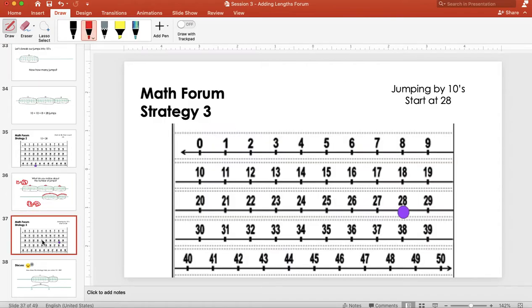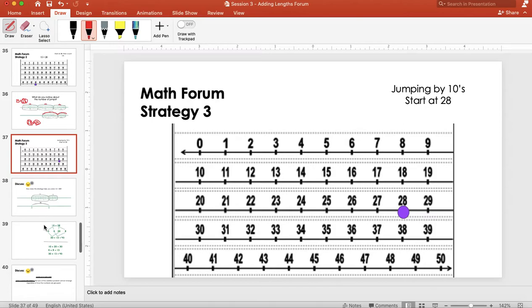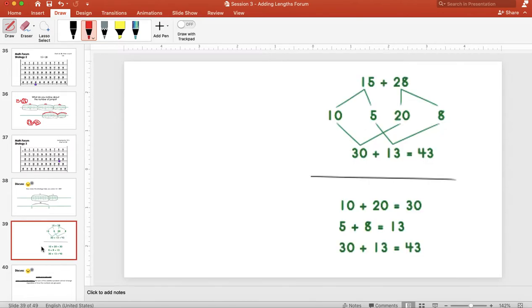All right. Let's look at this. Jumping by 10, starting at 28, we're going to skip that. This is another way that you can break the problem down to solve the problem. If you don't feel comfortable with number lines, you can break it up this way, or we can always stack it like a hamburger, and I'll show you both ways.